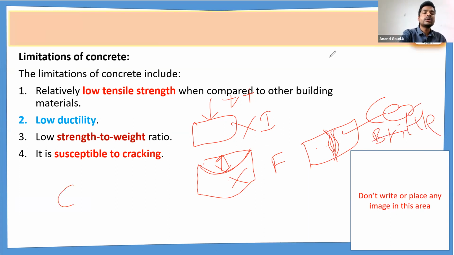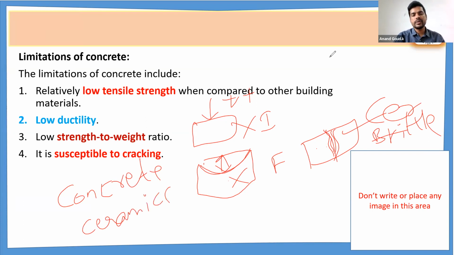Examples of brittle materials are concrete and ceramics. We have a lot of brittle materials, but these are the two main materials as of now. That means these two materials do not have ductile property, or it is very, very low compared to other materials, negligible.